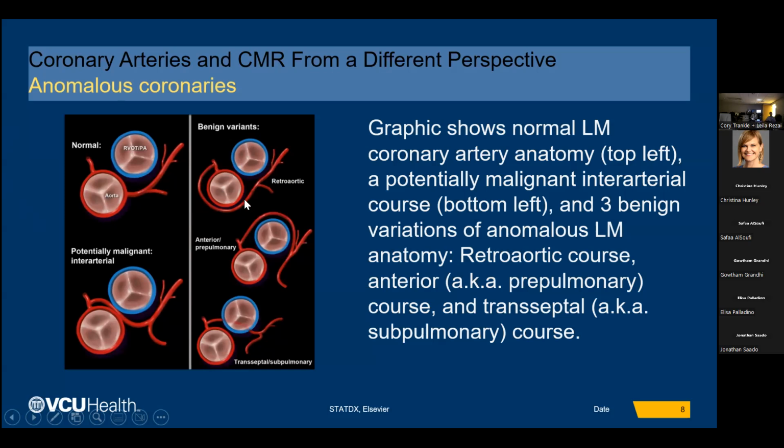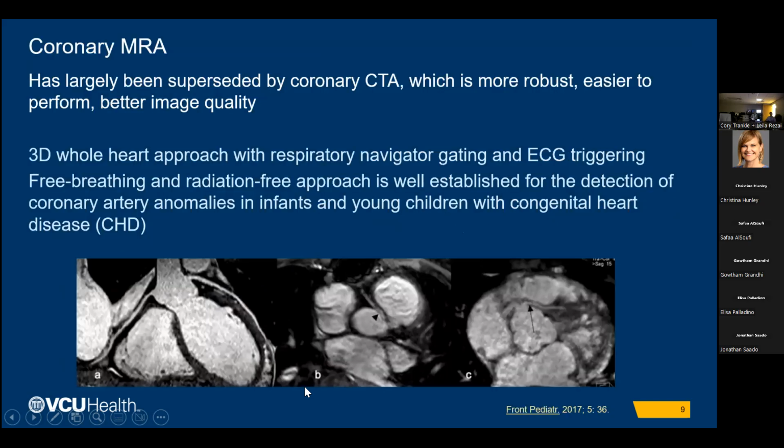However, we have some variants that are pretty benign, including retroaortic for left circumflex coronary artery, as it's shown here, anterior or pre-pulmonary, shown for the left, and also transeptal or subpulmonary course of the coronary artery.